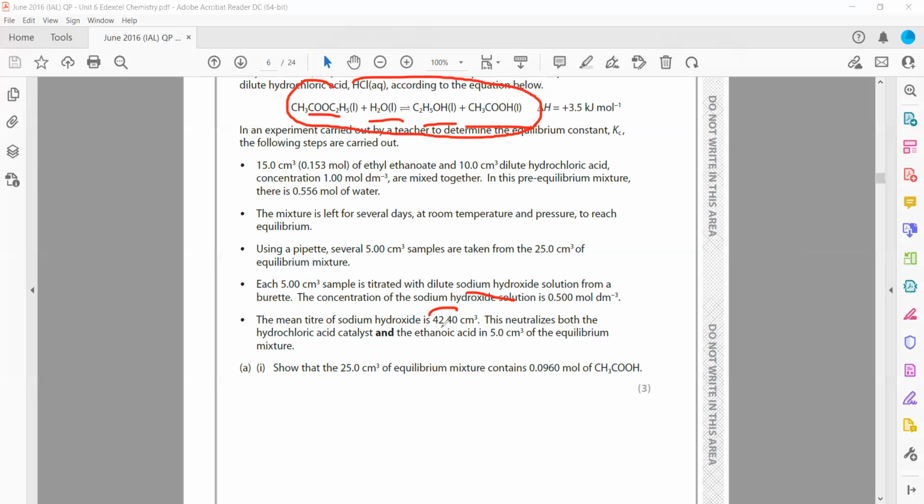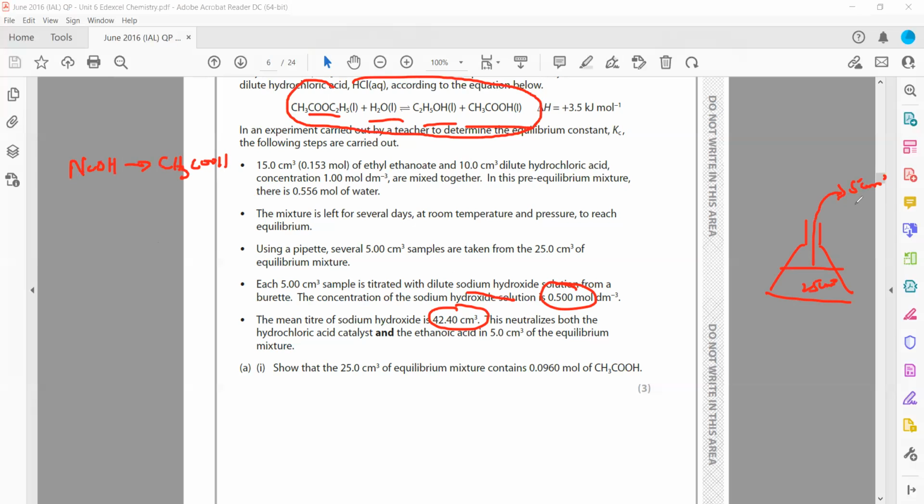So using the volume and the concentration of sodium hydroxide, first we find the moles of sodium hydroxide. Then using the equation, we find the moles of ethanoic acid. That is the moles in 5 cm cube, because we had a reaction mixture of 25 cm cube, but we only took out 5 cm cube.